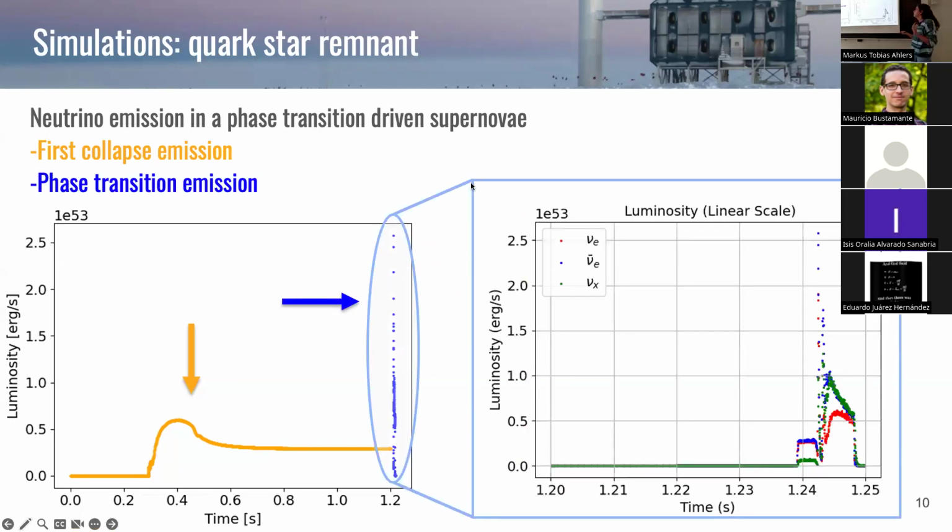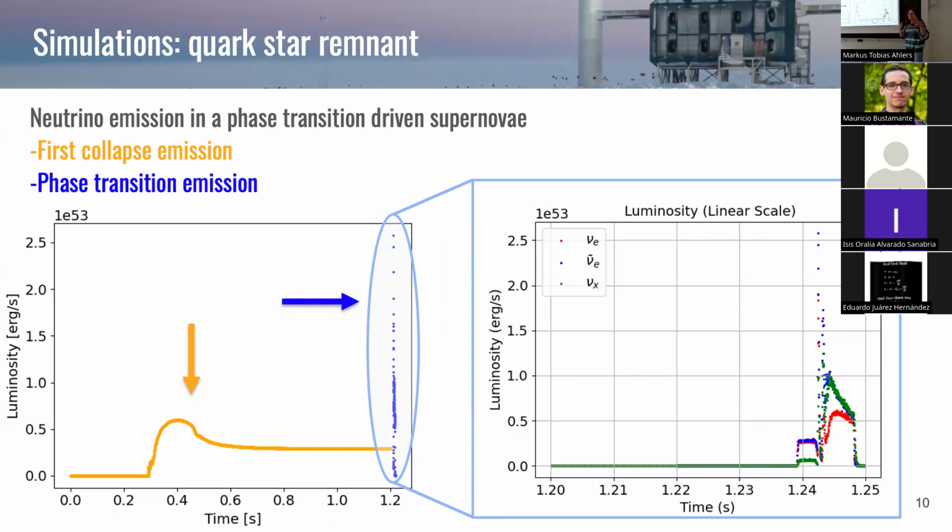And if we zoom in on just this phase transition emission part, we can see here the different neutrino flavors, and the more interesting one is the electron neutrino, which is the blue, that the luminosity will look something like this. And this behavior here, where the luminosity goes up and down and up and down and rings, comes from the quark star after being formed.